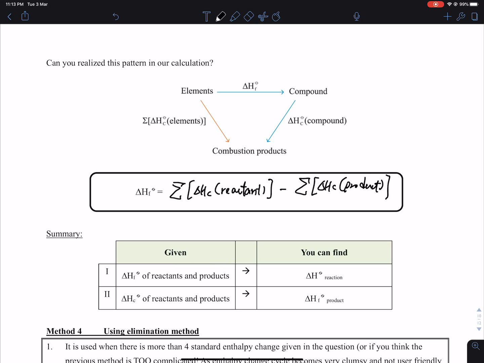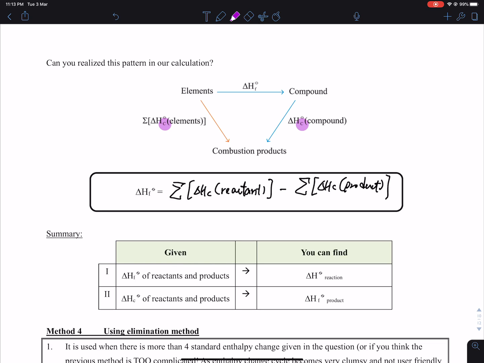That's it for the second equation that we generate. Remember, this is a short, quick method for you to calculate the enthalpy change only when the numerical data given is combustions only.